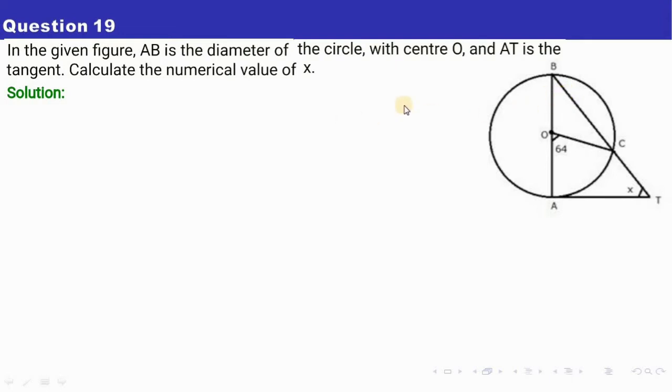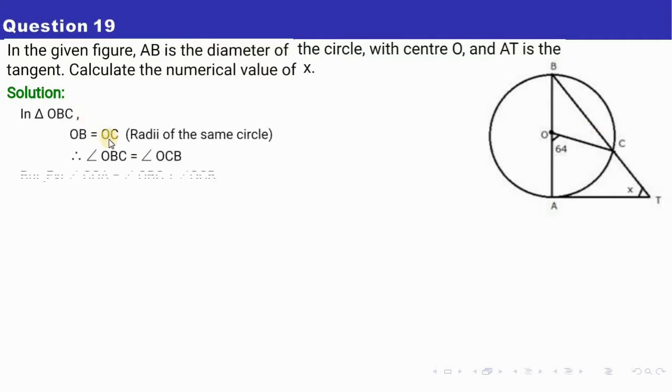In this triangle OBC, OB and OC are the radius, so these two sides are equal to each other. If two sides are equal, this is an isosceles triangle, so these two angles will also be equal. Angle OBC and OCB are equal.